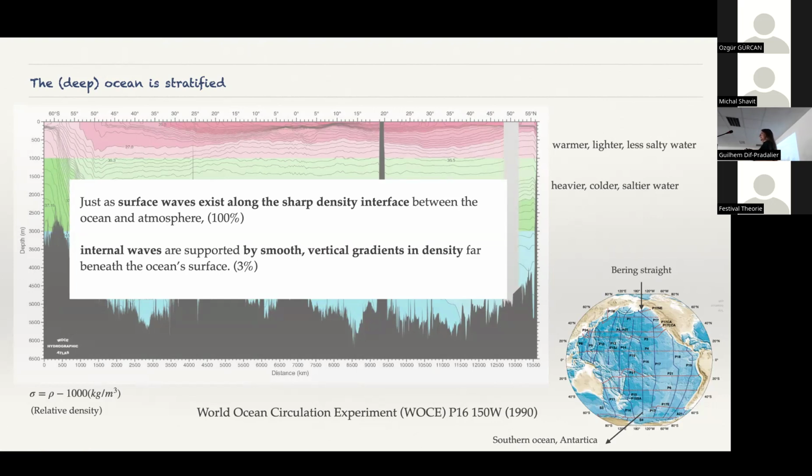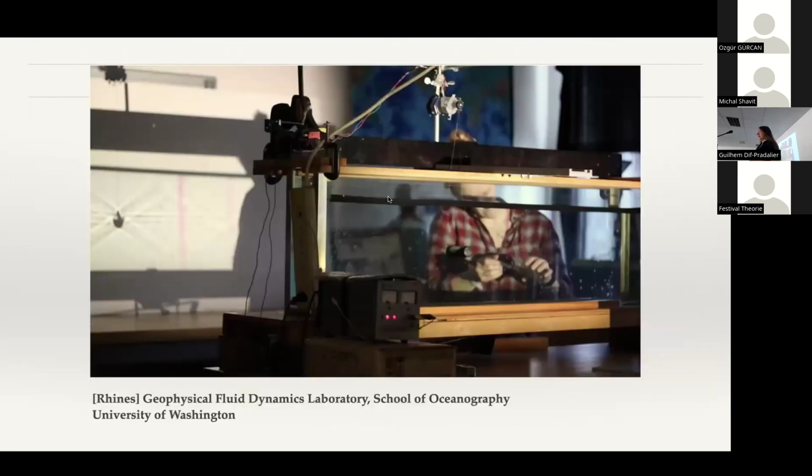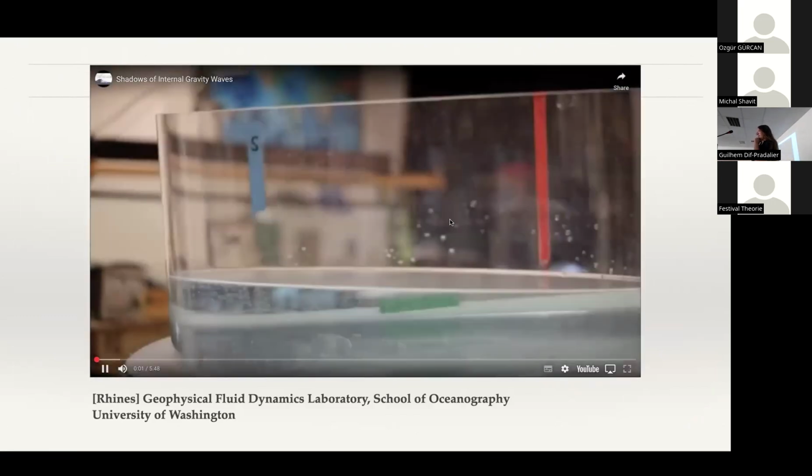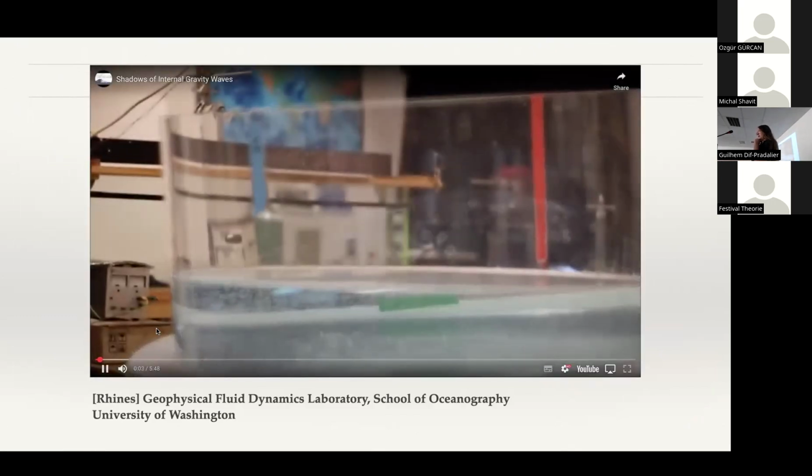One big difference is that for surface waves, the jump in the density is 100%, and here if you take any two different points in the ocean, you will measure up to 3% difference in density, and these 3% happen to be very meaningful. But you cannot take the analogy to surface gravity waves very far because these waves are very different from surface gravity waves.